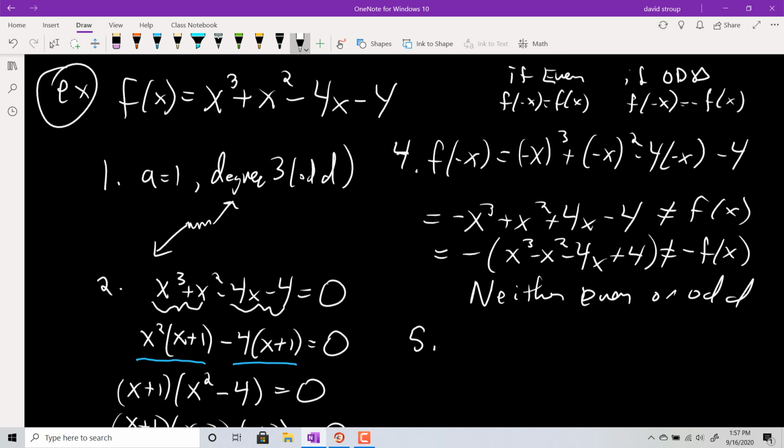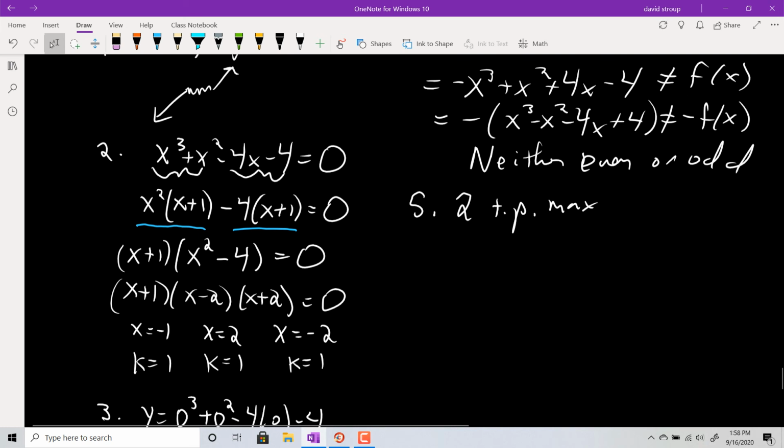Finally then, the maximum number of turning points is 2. And then we could go ahead and graph the thing. Okay, so 0, negative 4 is the y-intercept.